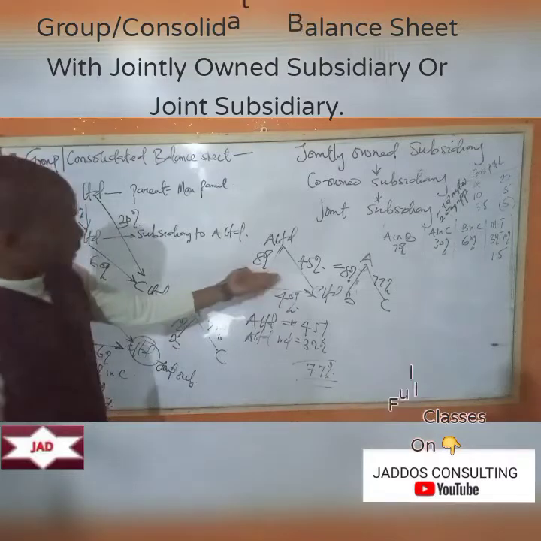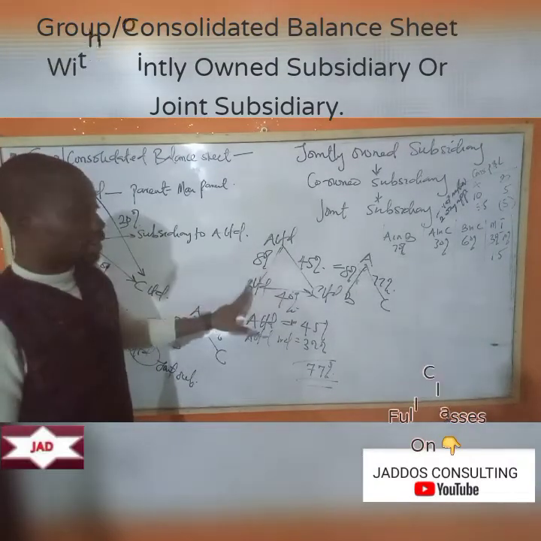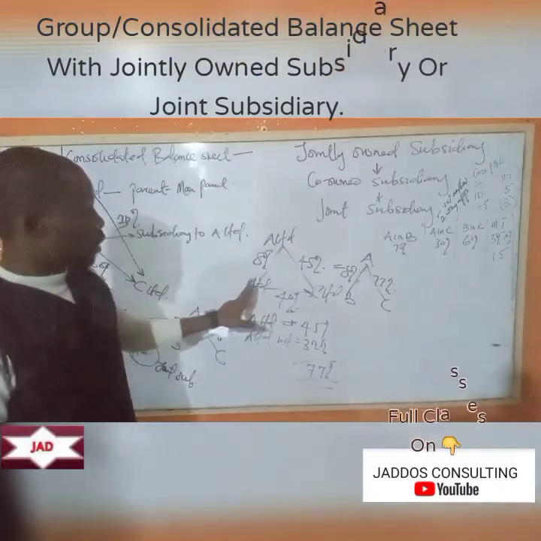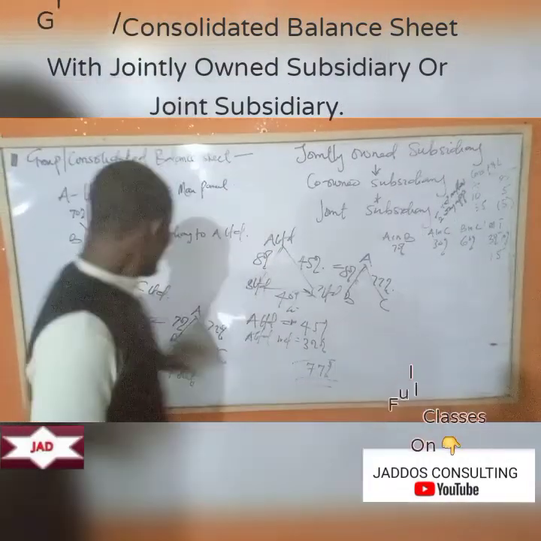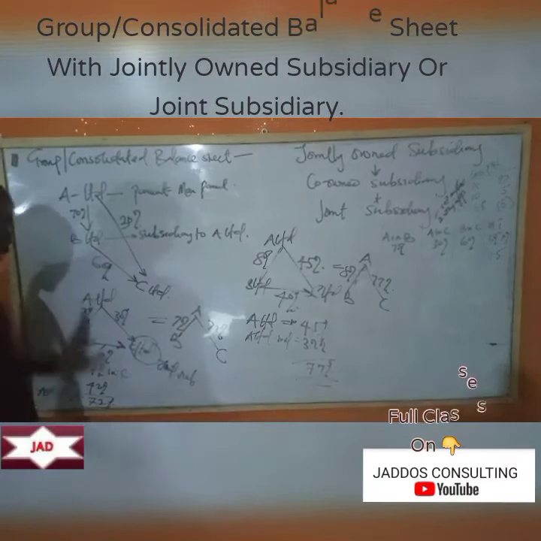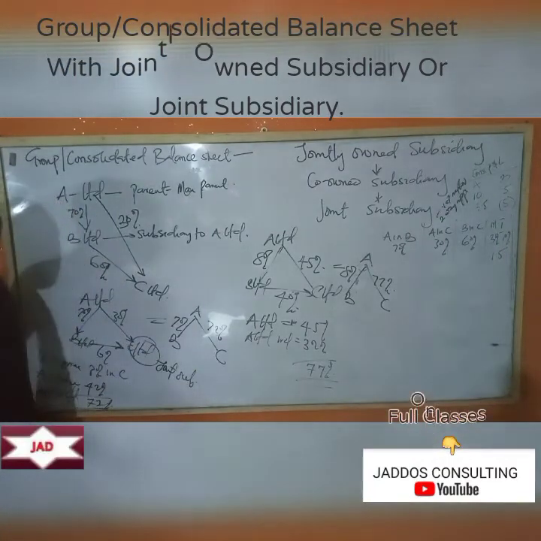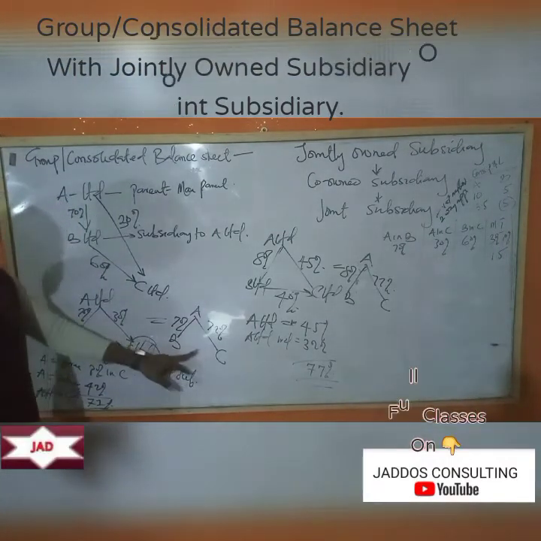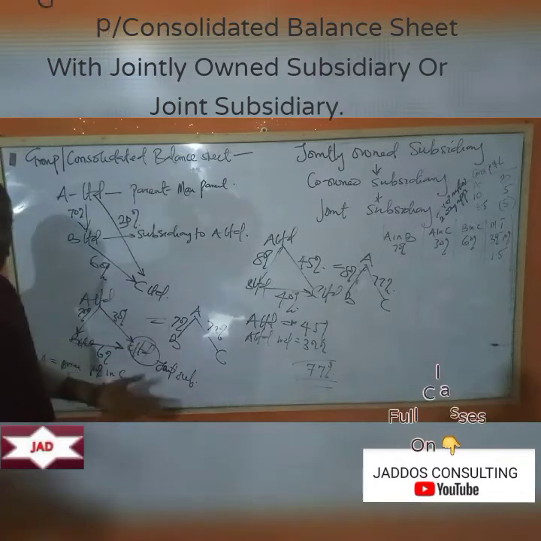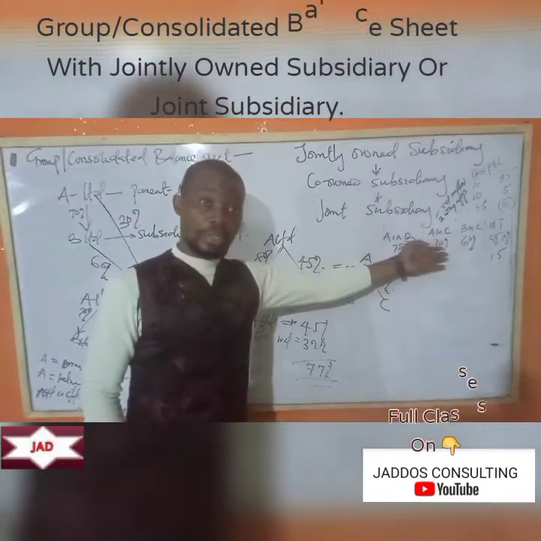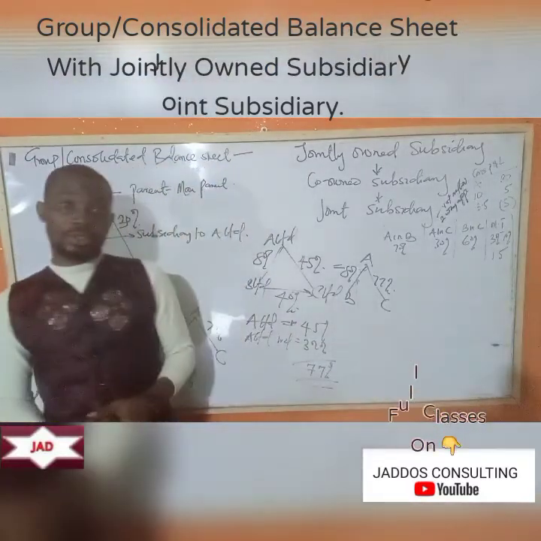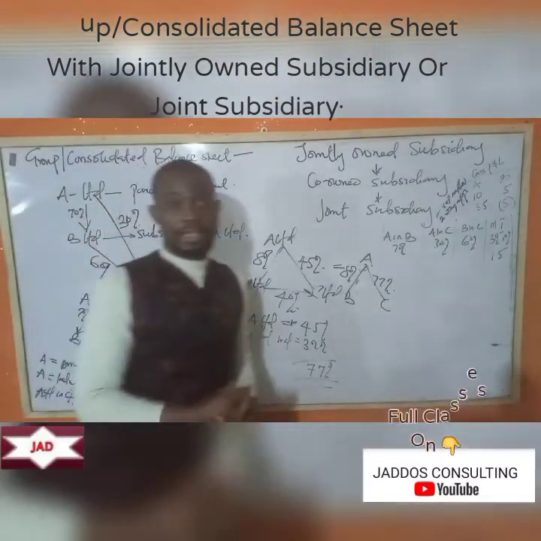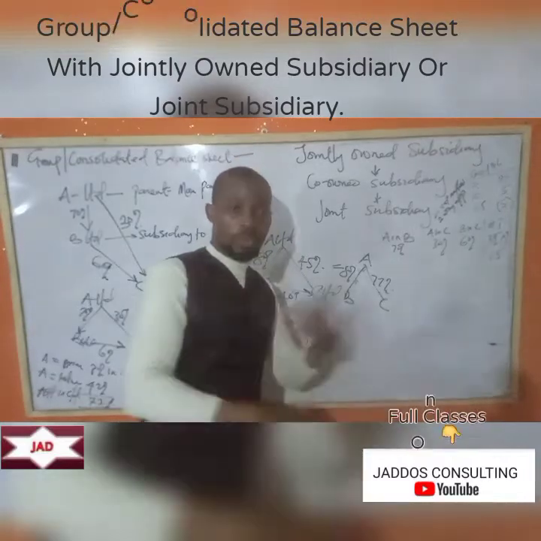So this is the jointly owned structure. This is the conversion towards fellow. So you can just go ahead and consolidate if you don't want to use the two-way method with piecemeal principle. You can use the single-way method, of course, which is more like taking it towards fellow subsidiary before consolidating.